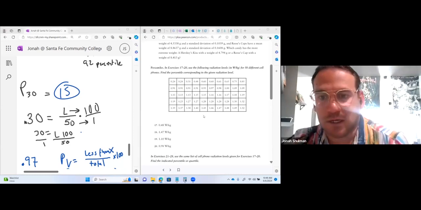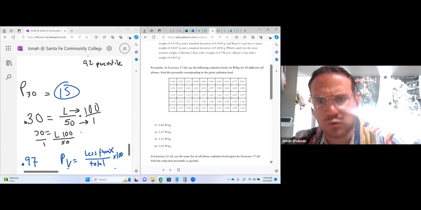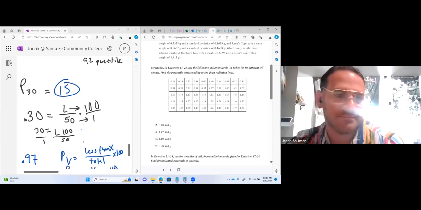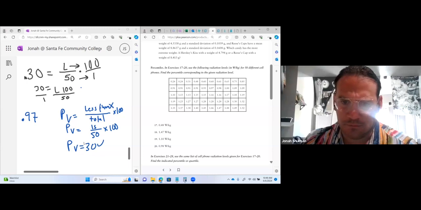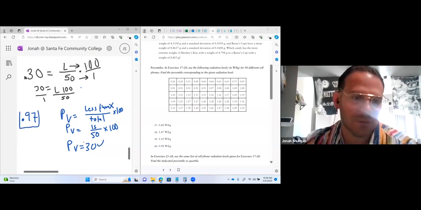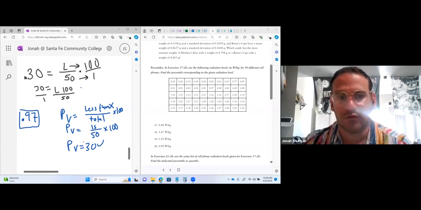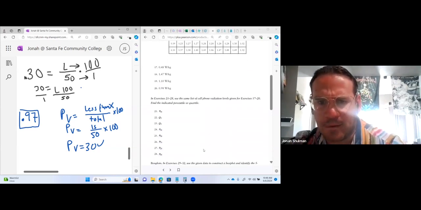If they want the exact value in the chart, you can use the 15, go right to the chart and see that this is what? 0.97. They said find the indicated percentile, or we know the value is 0.97. We know it's 15 for this one.